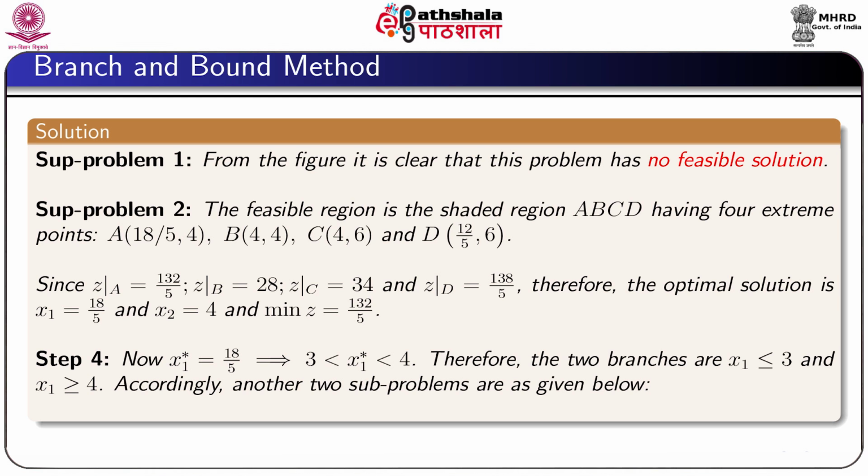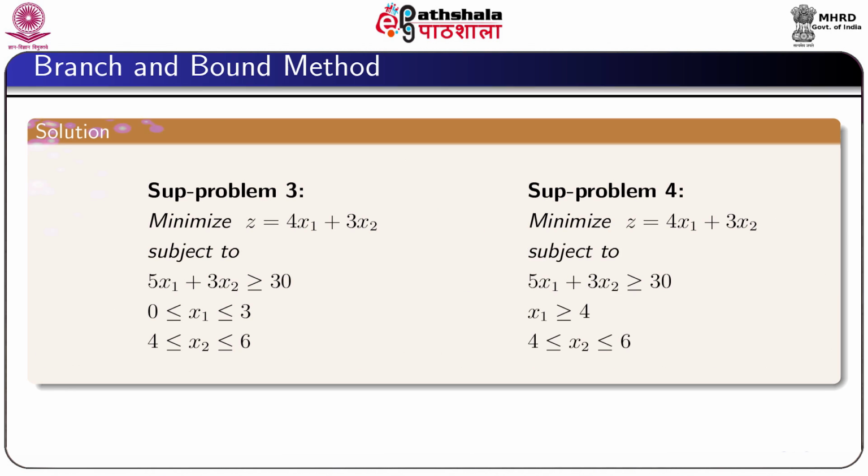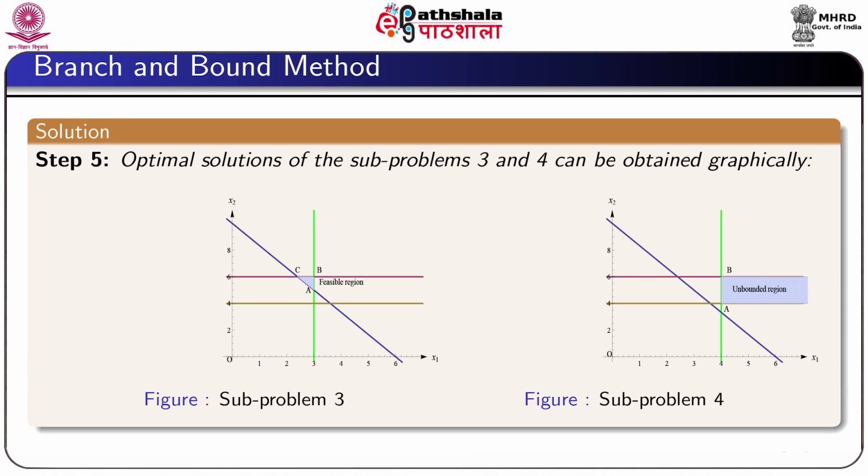Accordingly, we have another two sub problems, sub problem 3 and sub problem 4 as shown in this slide. Now, the optimal solutions for these two sub problems can be obtained graphically. The graphs are shown on this slide.